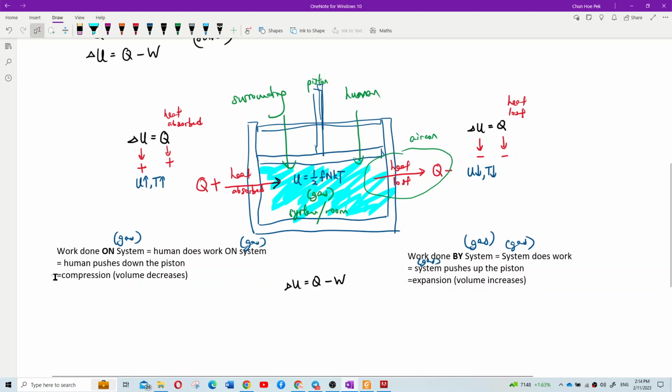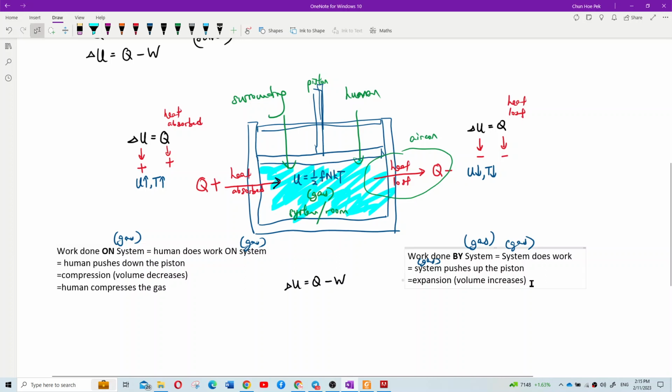Okay. Now, I'm so sorry. Now, look at here. Work done on gas means human pushes down the piston. Human compresses the gas. I should add some more. Human compresses the gas. What will happen, class?